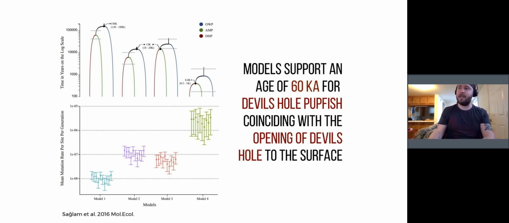When we looked at other models which said between 6,000 and 20,000 years ago, we had mutation rates on the order of 10 to the negative 7. Now, this is not unheard of, but this is very fast. The only matching mutation rate for vertebrates that is this fast is actually in cichlid fish, which we know have super fast divergence time.